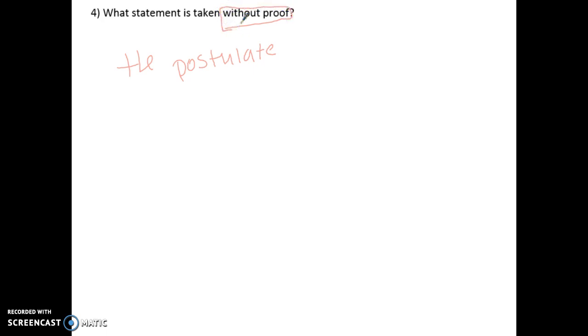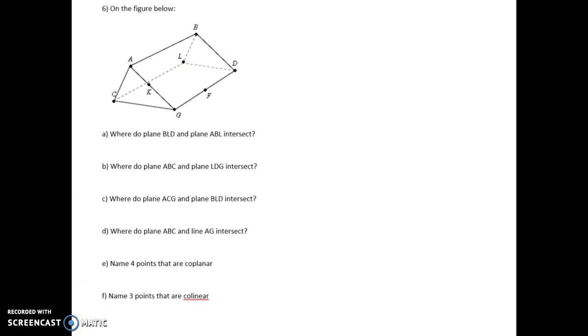Right, next up is number 6, and it's out of order in your page, so that's why we are going in this order ourselves as well. So turn to number 6. So number 6, we have this 3D figure, and it's asking us quite a bit of things about it.